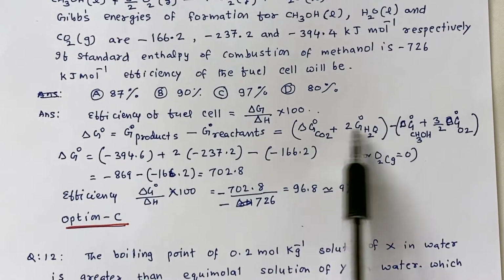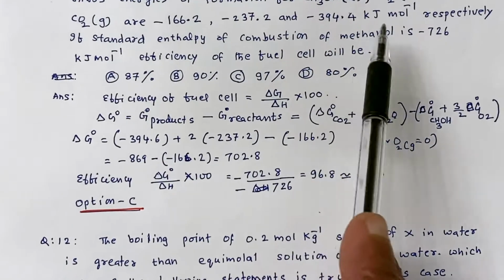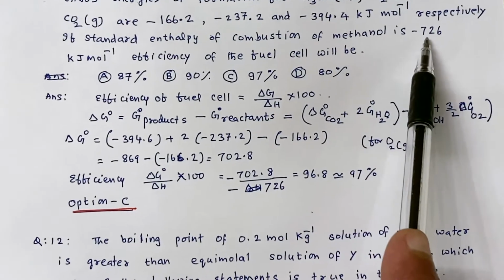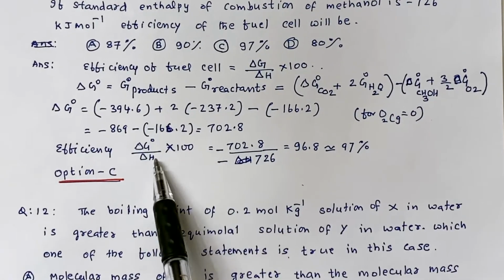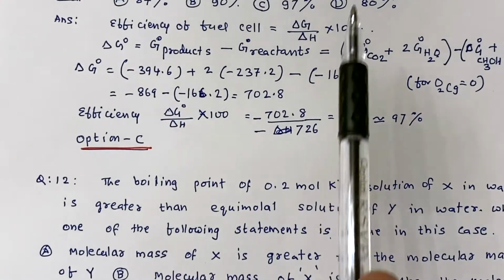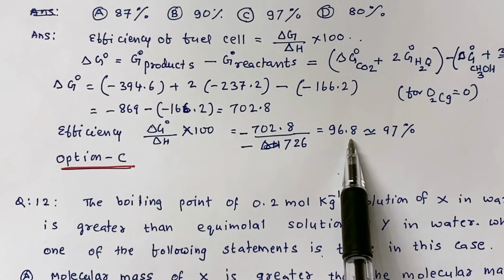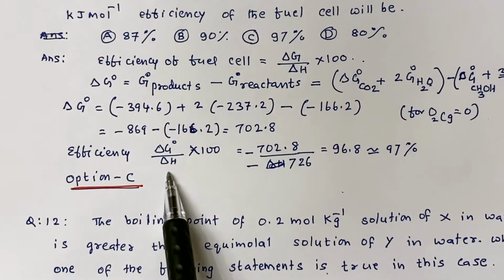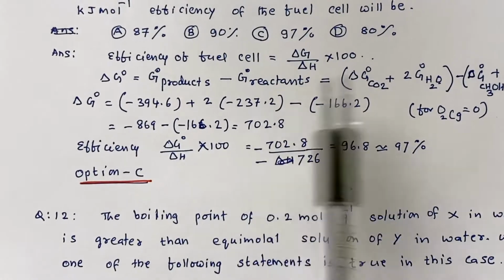Delta H is given in the numerical as 726. By calculation, delta G is coming 702.8 and delta H is 726. So delta G by delta H into 100 is 96.8, or about 97% efficiency. This question looks complicated but is very easy.